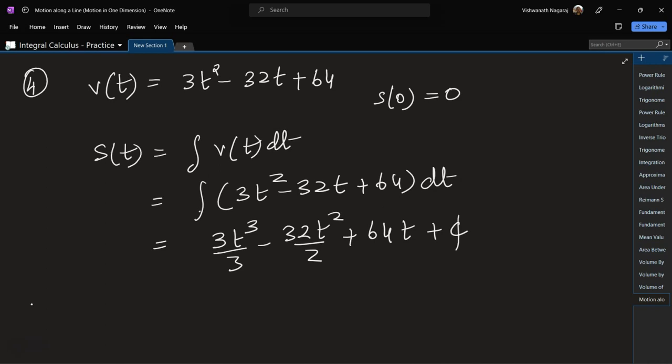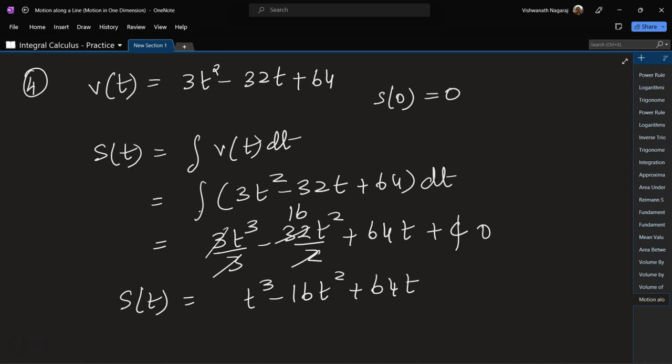And again, c is going to become 0 because s of 0 is equal to 0. So s of t would be, 3 cancels, 2 into 16, so we have t cube minus 16t square plus 64t as the expression for displacement.